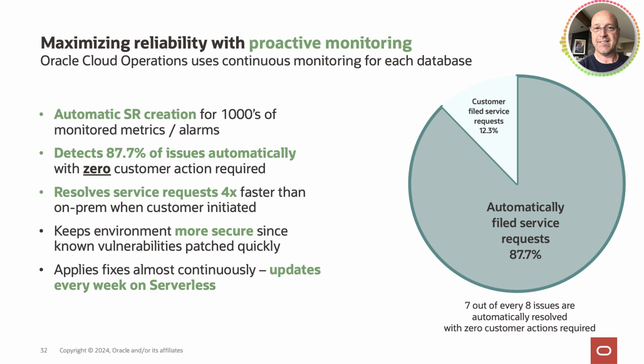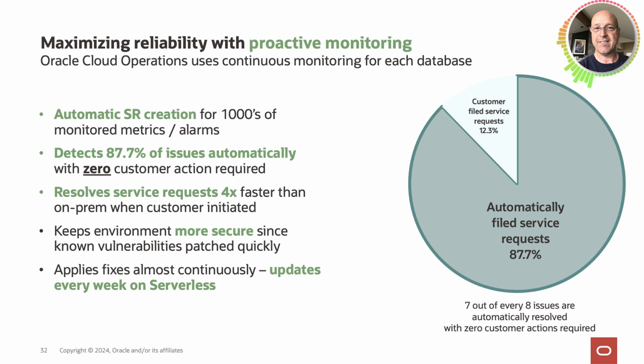And all of that proactive monitoring on your side is complemented by our operations level monitoring, continuous monitoring, with thousands of monitored metrics and alarms that we're driving our automation around, and that is creating a much better user experience for you.